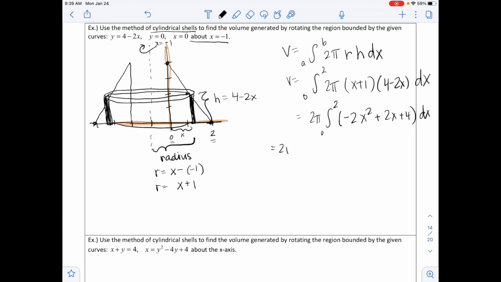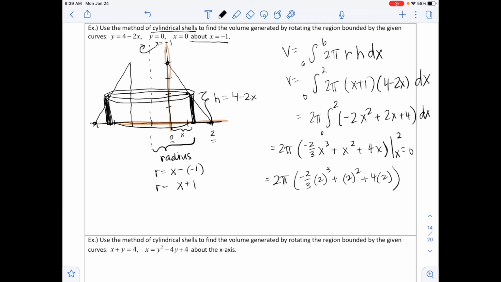And then integrating this, we have negative 2/3 x cubed plus x squared plus 4x, evaluated from x equals 0 to 2. And so then substituting in 2, we get negative 2/3 times 2 cubed plus 2 squared plus 4 times 2.